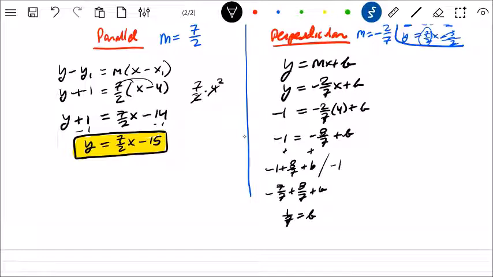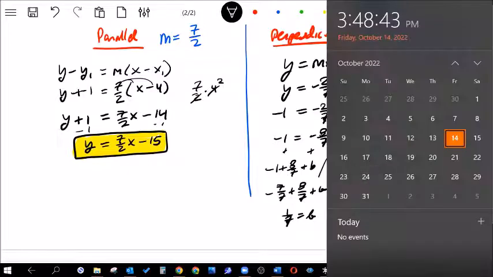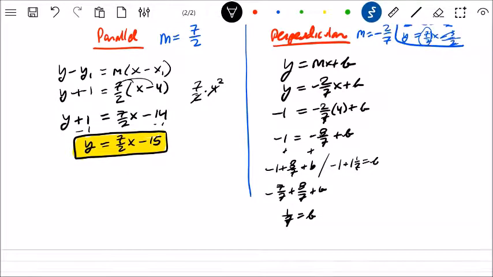To do it as negative 1 plus 1 and 1/7 is equal to b. So 1 and 1/7 take away 1 would be 1/7. Okay, that's an acceptable way too. Either way, what we get is that y is equal to negative 2 over 7 x plus 1 over 7.